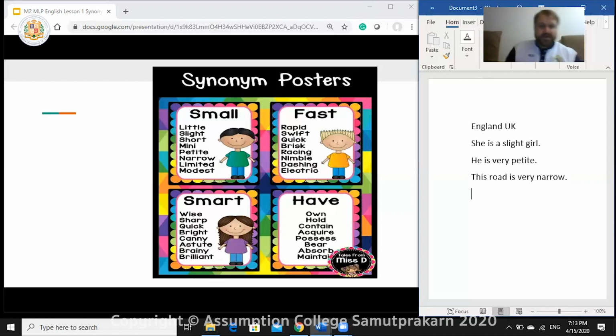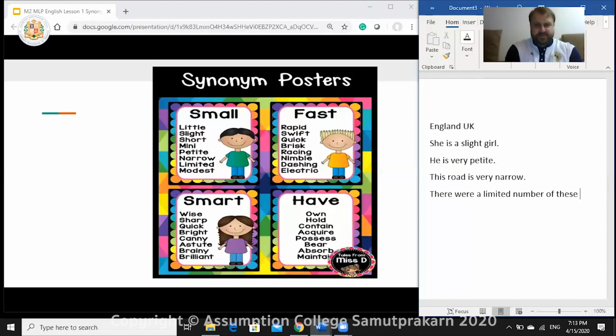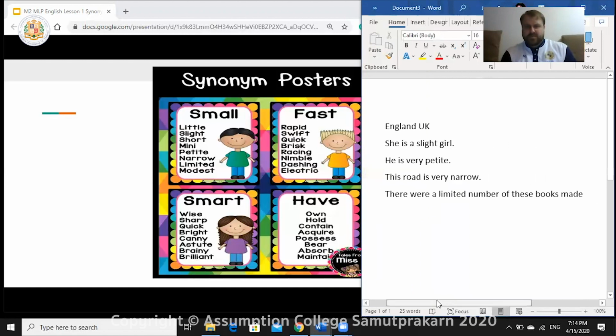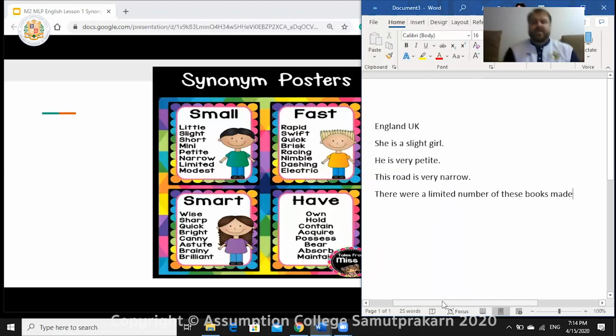Limited means small in number. So you might say, there were a limited number of these books made.